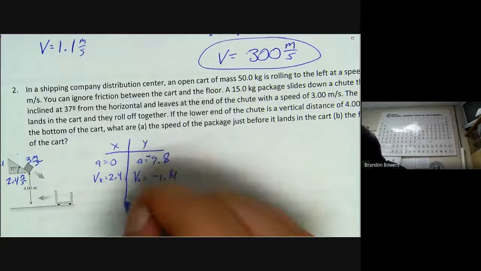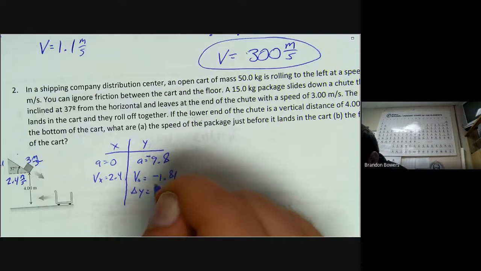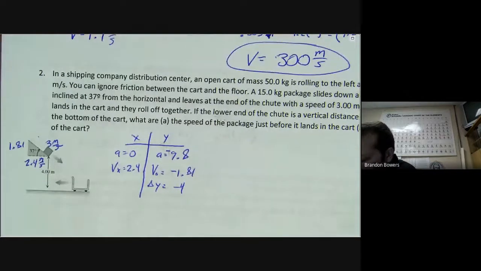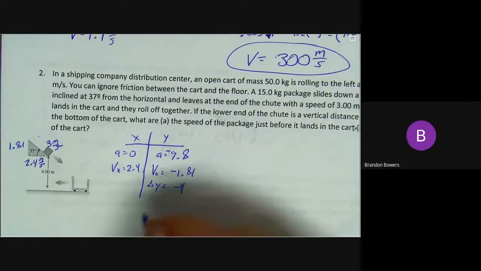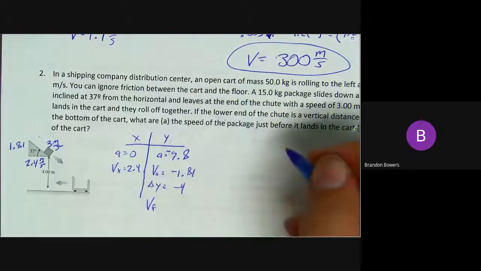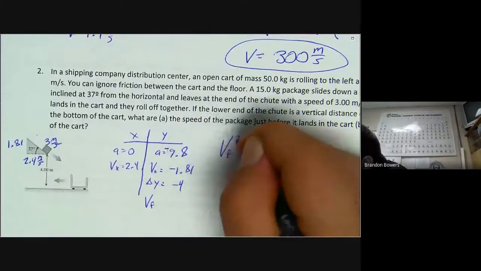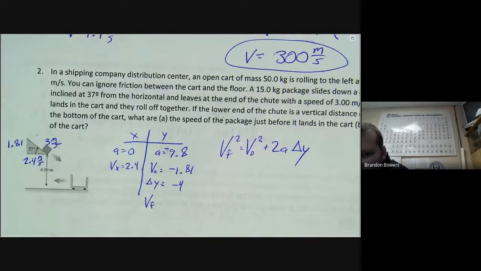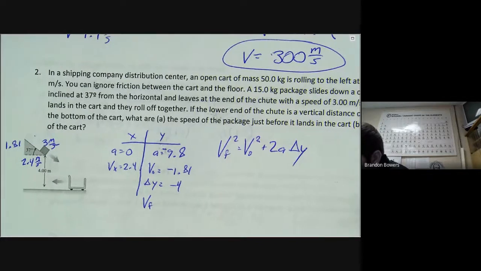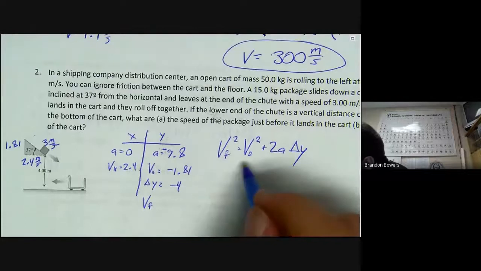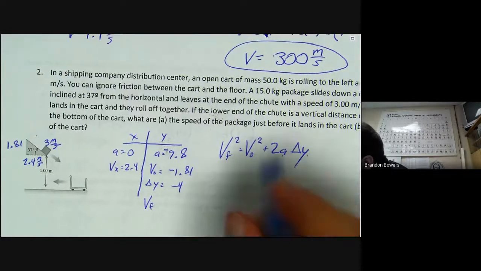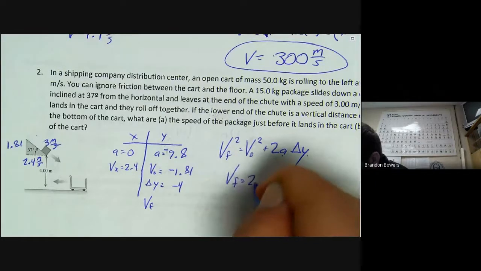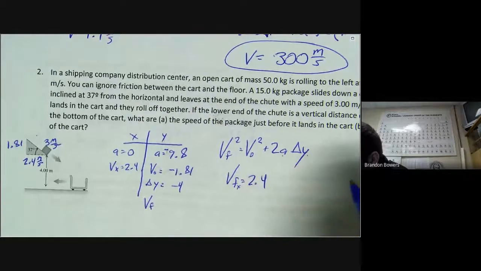We know its delta y was negative 4. So from that information, we can solve for velocity final using velocity final squared equals velocity initial squared plus 2a delta y. We can use that equation. If you plug in all the numbers, I got about 2.4 in the x direction.